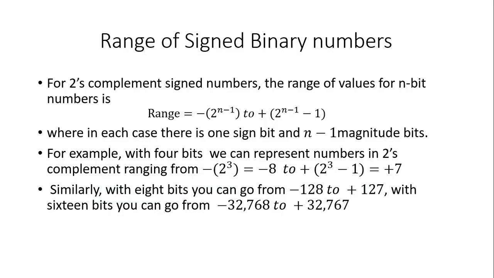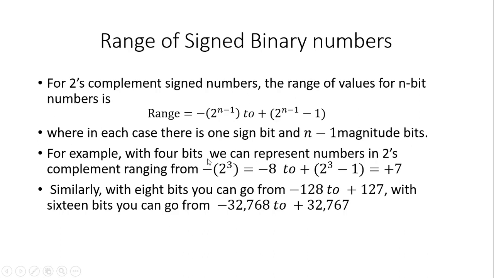Range of signed binary numbers for two's complement signed number. The range of values for an n bit number is given as minus 2 raised to power n minus 1 to plus 2 raised to power n minus 1, minus 1, where in each case there is one sign bit and n minus 1 magnitude bits. So that's why the n minus 1.